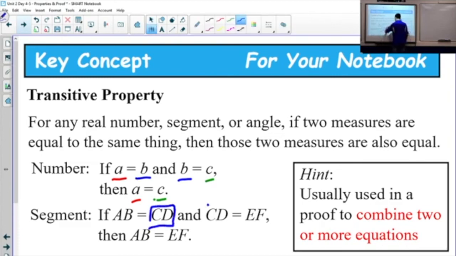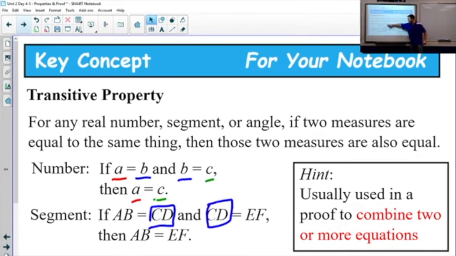So I have these 2 different segments that I know are both equal to C to D, A to B and E to F. I don't know about their relation to each other, but I know that they compare the same way to C to D. That means that they have to be equal to each other. There's no other choice. Once C to D is 5, A to B and E to F are also both 5, so they have to be equal to each other.